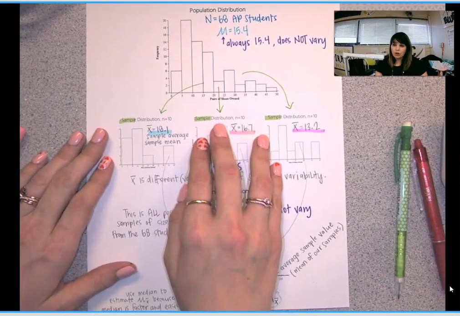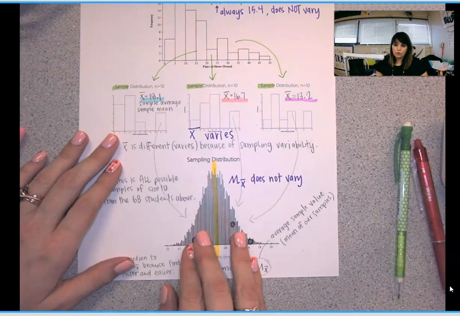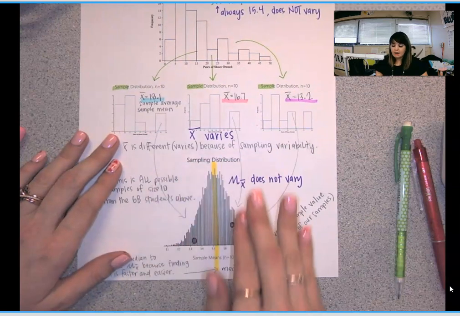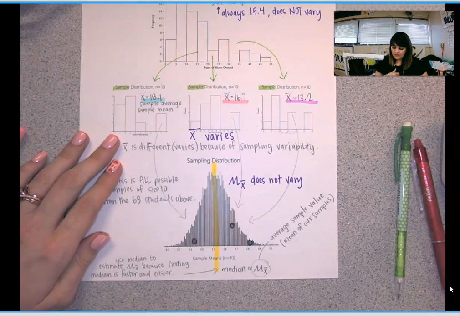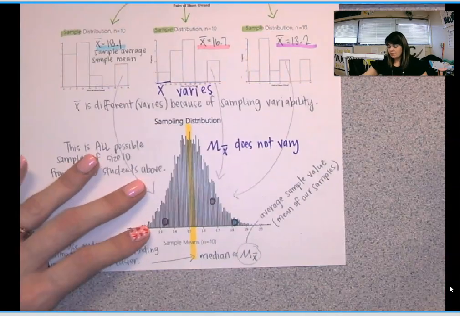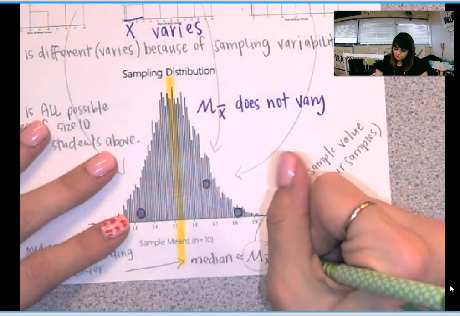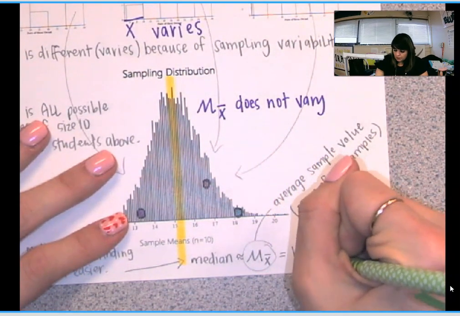Well, if we took all the samples that were possible, we could plot them on its own graph, and the average of those samples would be our estimate for the population. So in this case, our estimate, I never filled this in, is equal to 15.4.